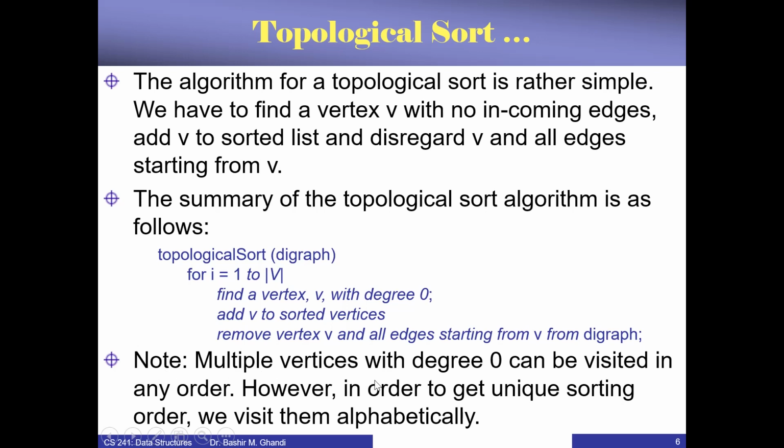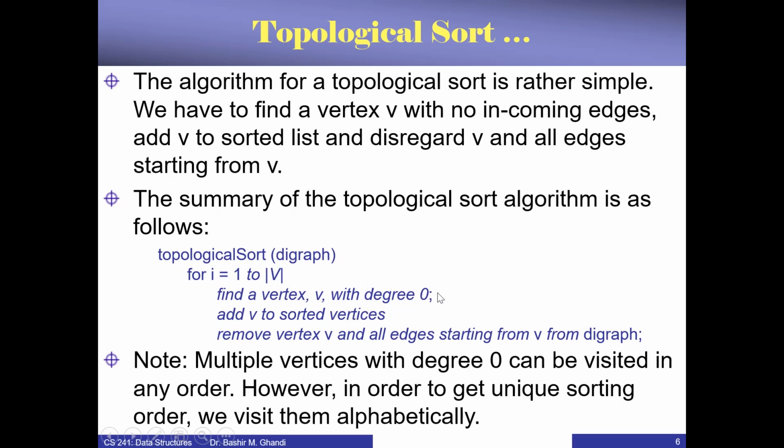It says multiple vertices with degree 0 can be visited in any order. However, in order to get a unique sorting order, we shall be visiting them alphabetically if there are letters or words, or in increasing order if there are numbers. Don't just visit any vertex that has degree 0. If there is more than one such vertex, visit the one that appears alphabetically first, or if there are numbers, the one that is first in increasing order.